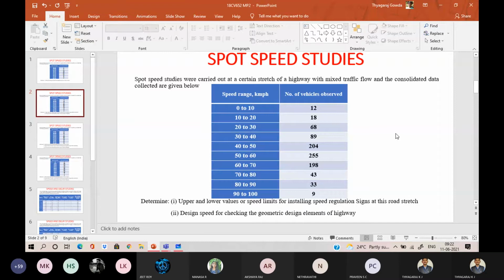Again, the spot speed studies were carried out at a certain stretch of highway with mixed traffic flow, and the consolidated data collected are given below. Determine upper and lower values of speed limits for installing speed regulation signs at this road stretch. Design speed for checking the geometric design elements of highway.